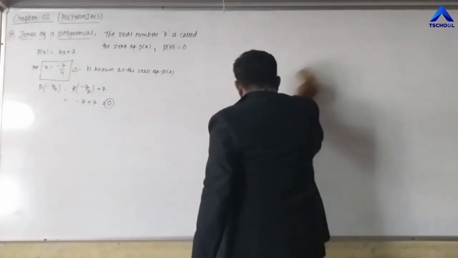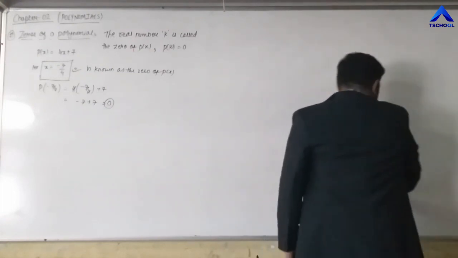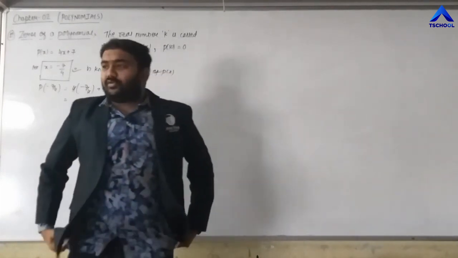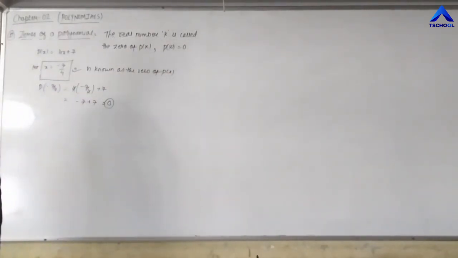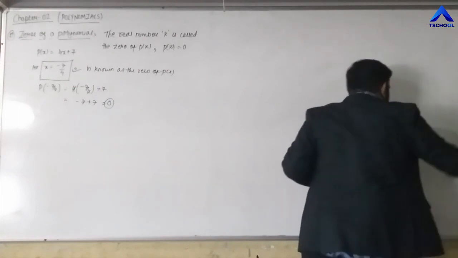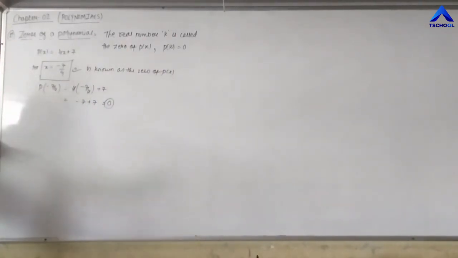First of all, we studied the definition of polynomials. Then we studied the degree of the polynomials. Then we studied the types of polynomials. Then we studied the zeros of a polynomial. And now we are going to discuss the geometrical representation of a polynomial. Let me erase this. Is it clear, everyone? Good.